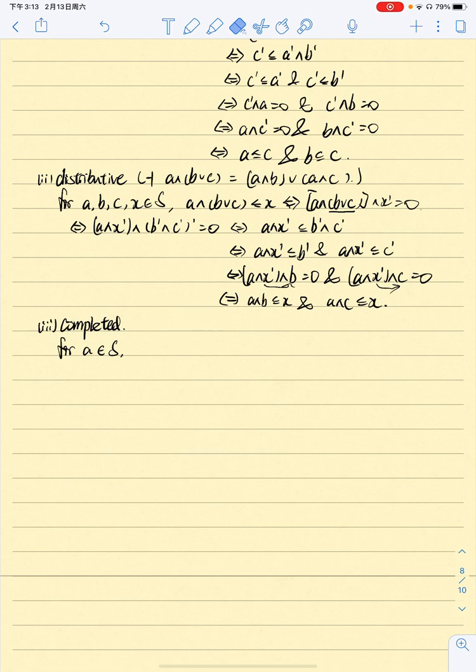So how to prove this has a complement? We should find this complement.